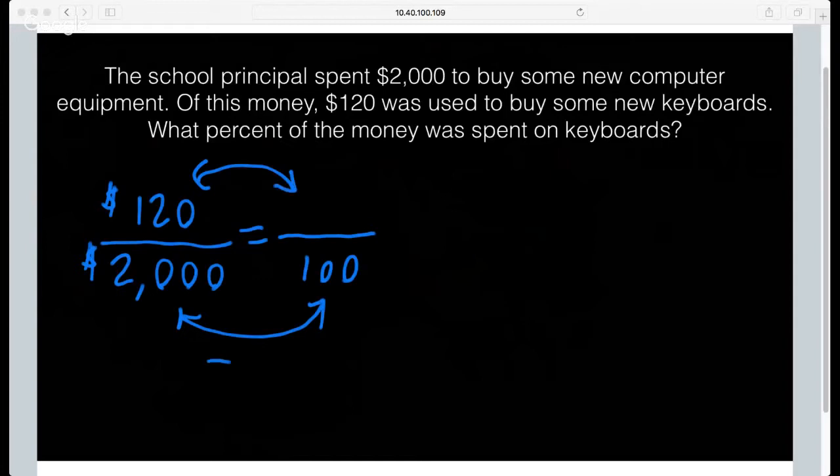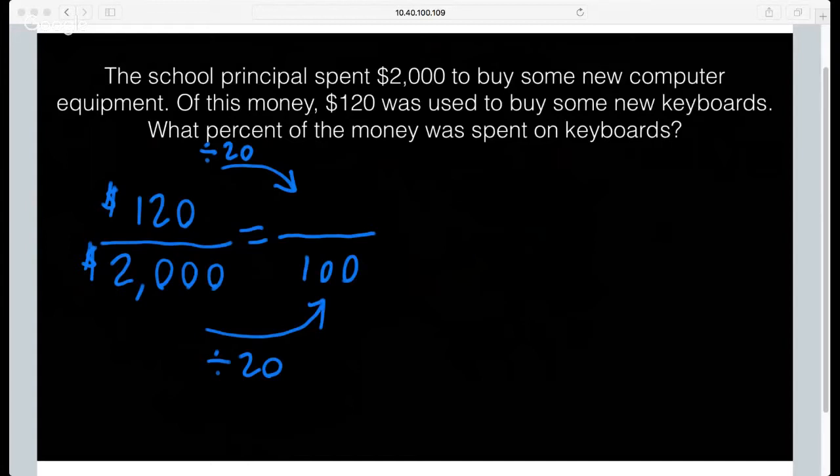So instead we're going to do the opposite. We're going to move this way. And we'll say, hey, 2,000 divided by 20 is that. So the same could be for over here. I mean, it has to be. Divide 120 by 20, and you will get whatever that part is.